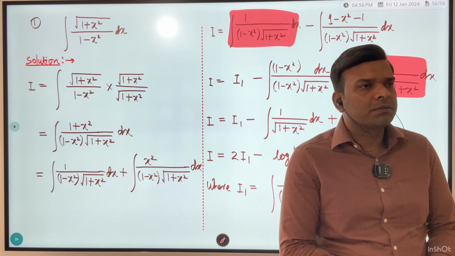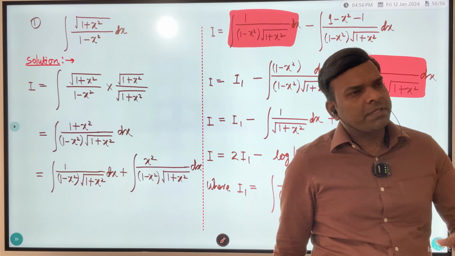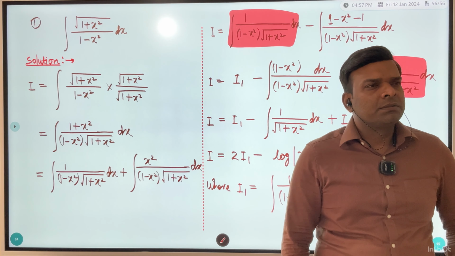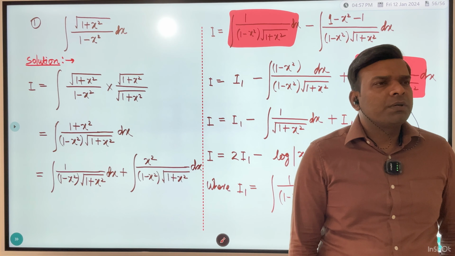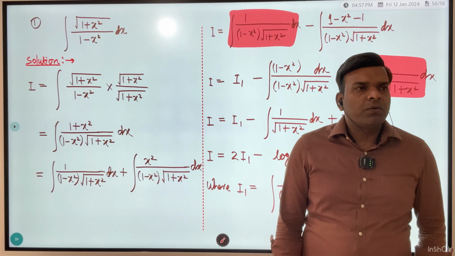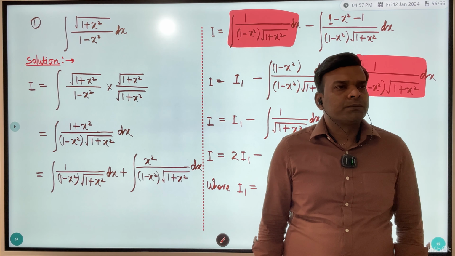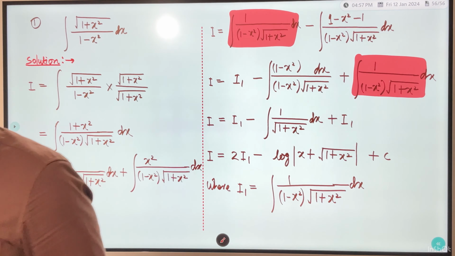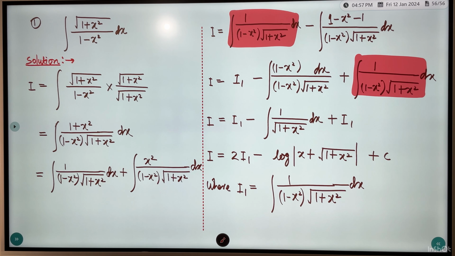So this problem has been simplified very much till here. After this, our main target is to find out the value of I1. So let's try to simplify the value of I1. I1 is integration 1 upon 1 minus x square over root 1 plus x square.